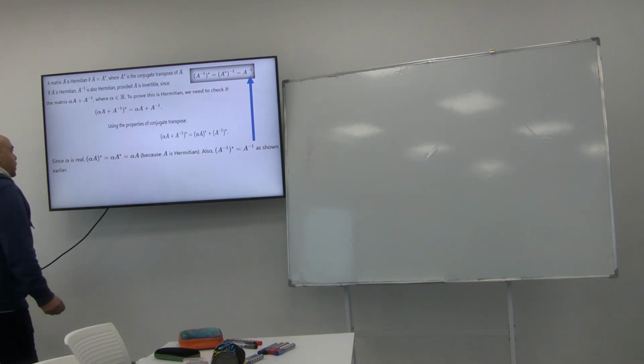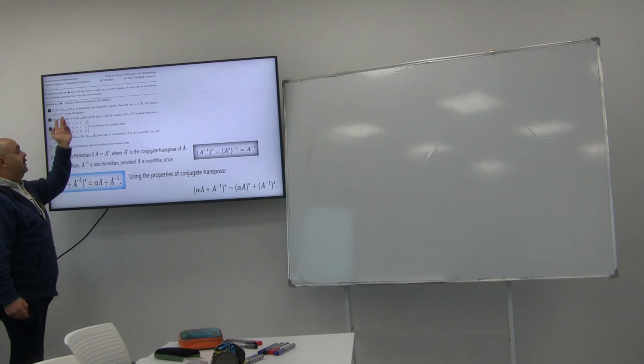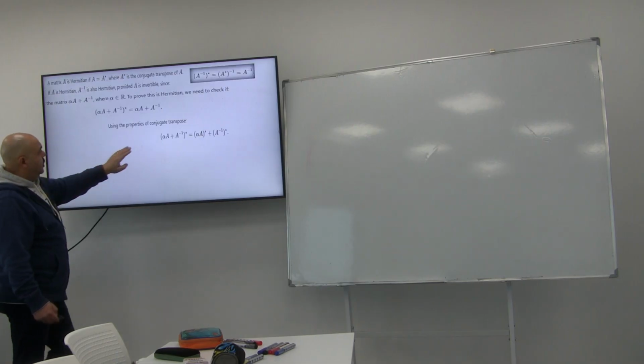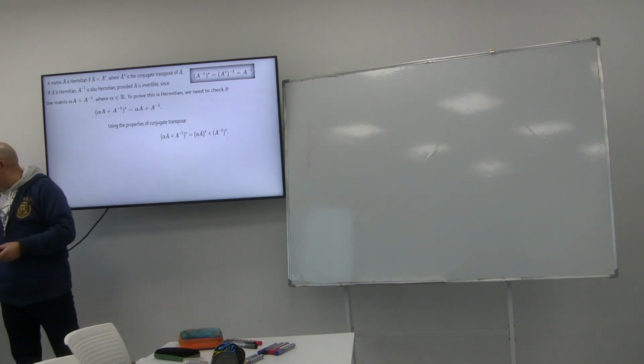So, as you can see, all I have to do is go step by step, starting once more from the left-hand side, just taking advantage of the definition of Hermitian, and also of A minus 1. This is the result that we have reached, the final one, as you can see.